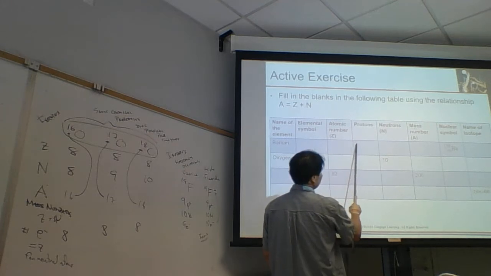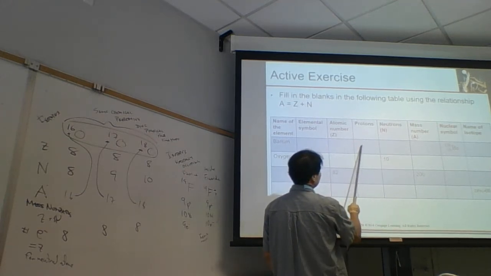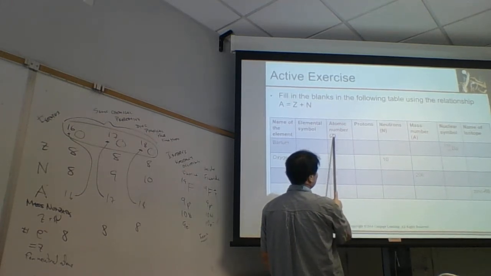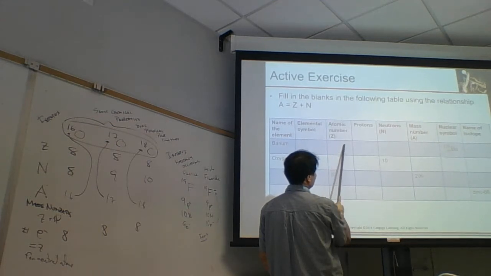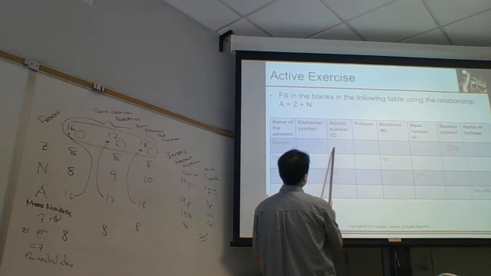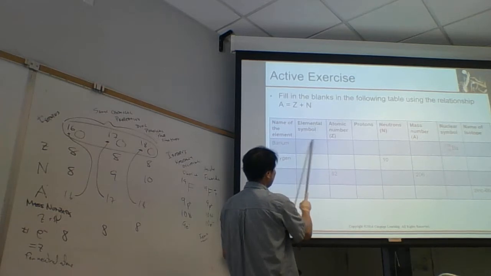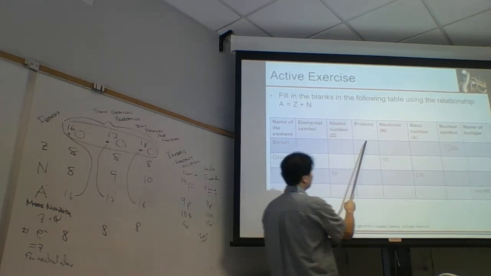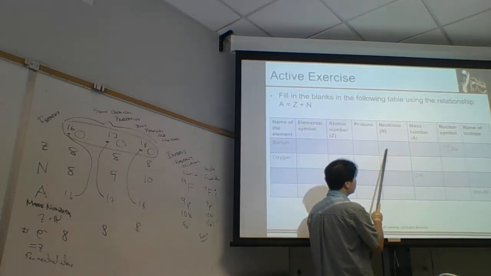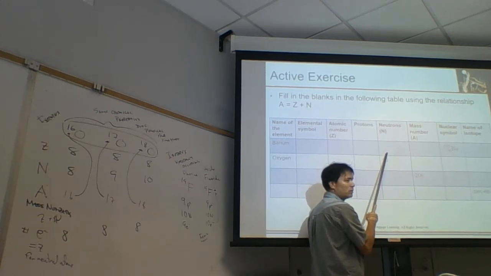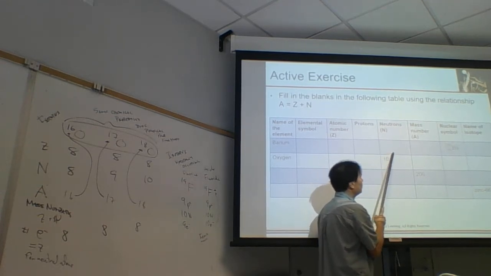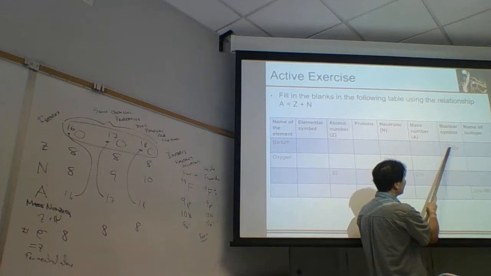The number of protons is 56. The atomic number is 56. Okay, so Ba, atomic number 56, number of protons 56. Number of neutrons depends on what isotope we're dealing with. So we have to look. We need to know the mass number.